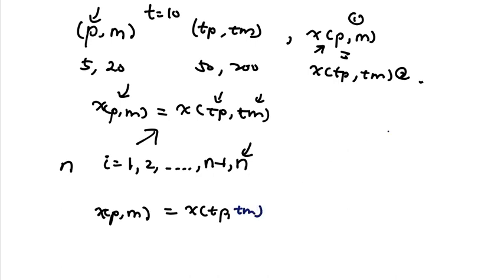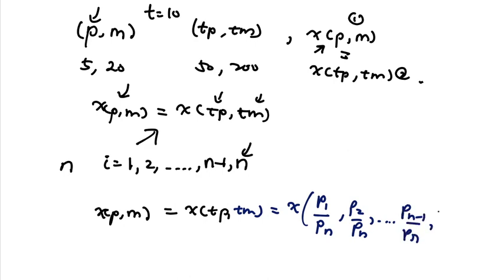And then this one actually can be rewritten as this: P1 over Pn, P2 over Pn, until Pn minus 1 over Pn. This is the second last. And then this one is Pn over Pn, which equals 1.